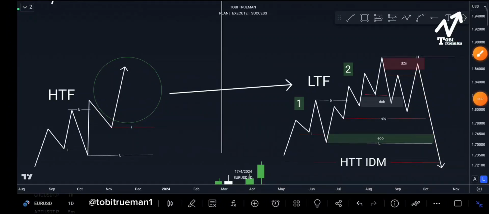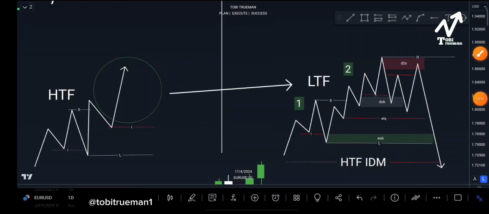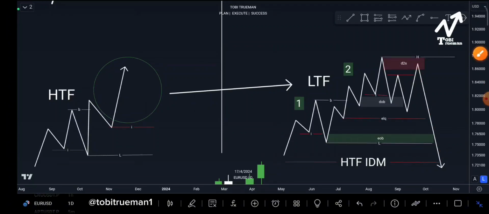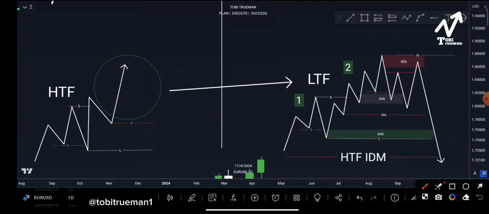I had to make that correction: it is higher time frame inducement, HTF, not HHT. So this is higher time frame inducement. Price can get to that point, but if I want to play this safe, we can just say, okay, let's use the lower time frame low point as our target point after we enter this trade.